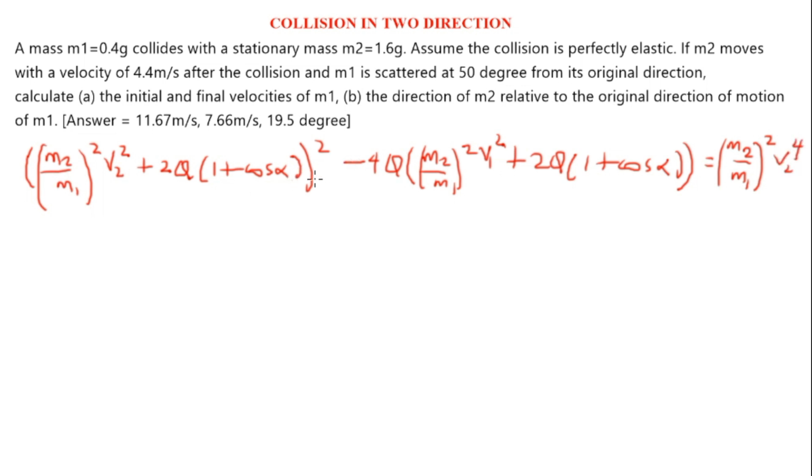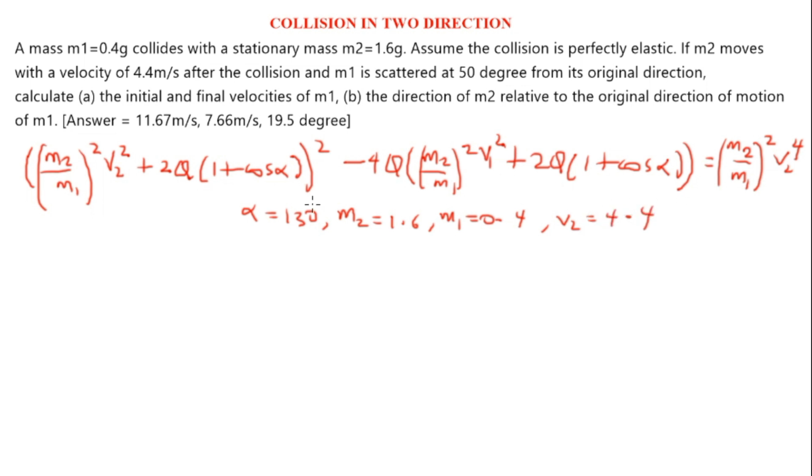So if we continue, don't forget that alpha is 130 degrees, and then m2 is 1.6, m1 is 0.4, and v2 is 4.4.